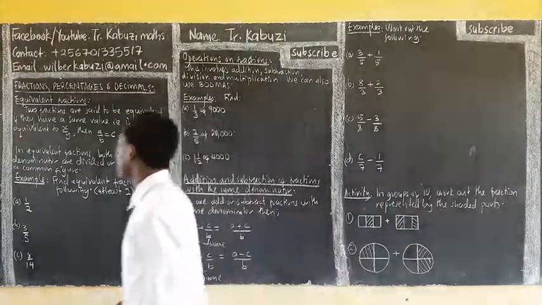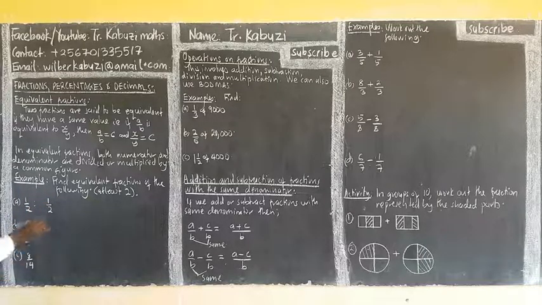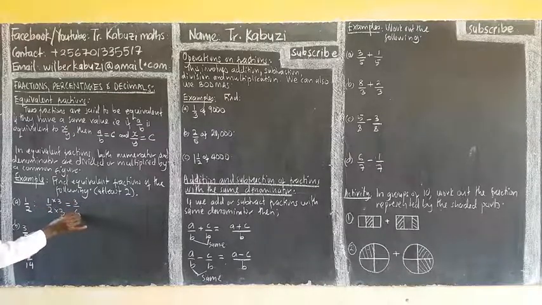Now, if I turn to the half, I want equivalent fractions for a half. I can say 1 over 2, I multiply up by 3, and I multiply down by 3. So this is going to give me 3 over 6. So this one is equivalent to this.